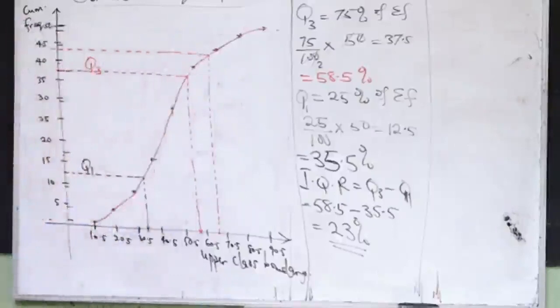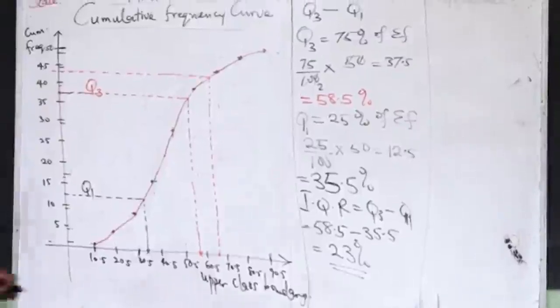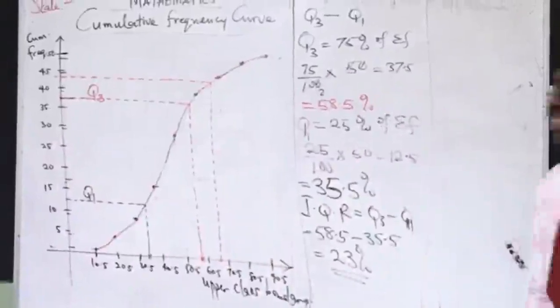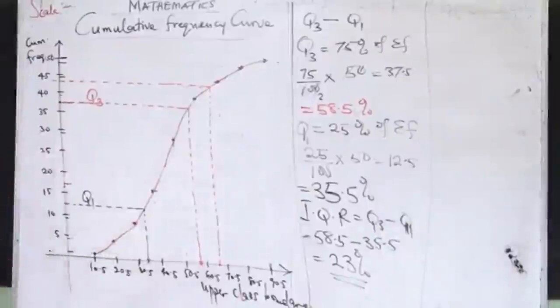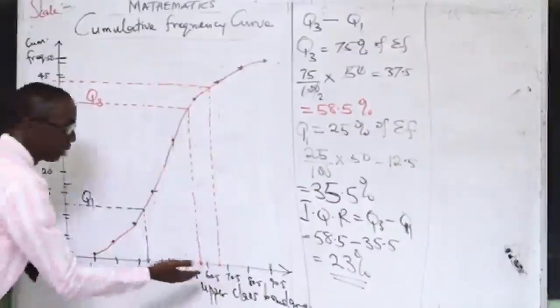The number of students that scored what? 66 and above, Abi. More than 66. Hello, you better look up. If you are still looking down, you may misinterpret that question. Look at these values.